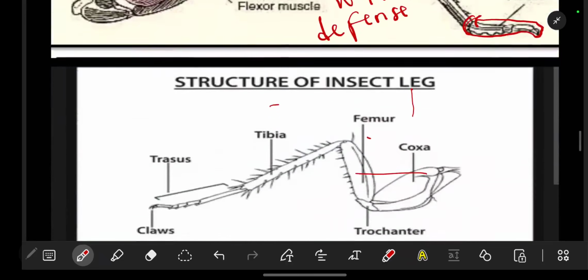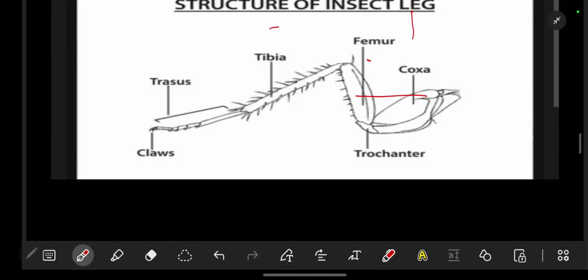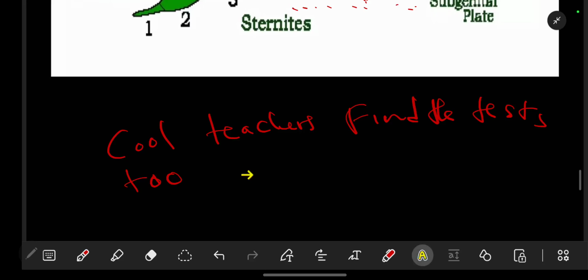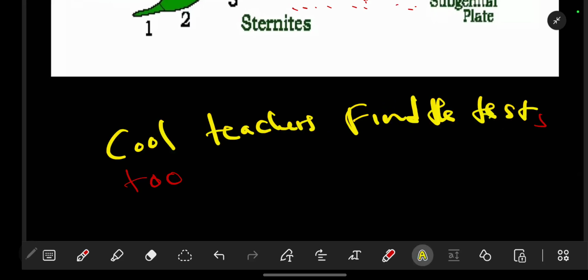So how can you remember the parts? We have this mnemonic: cool teachers find the tests too. So this one is the coxa. If you're beginning from the coxa, which is attached to the thorax, then the teacher will be the trochanter.